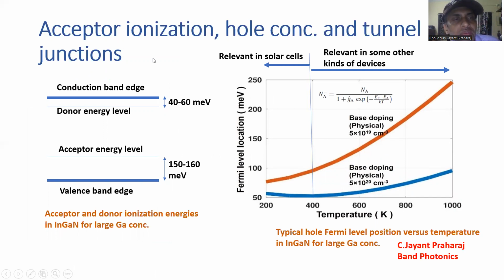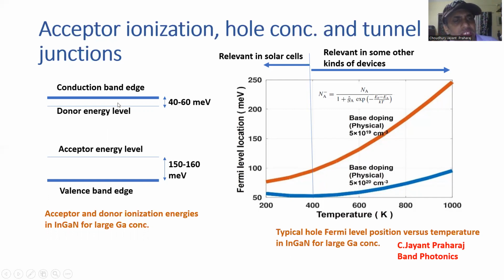Some more physics about what enters into the tunnel junctions that go into making these tandem cells. So we have acceptor ionization, and then we have hole concentration, and we have tunnel junctions. So we have shown here the conduction band edge, valence band edge, and then the donor and acceptor energy levels.